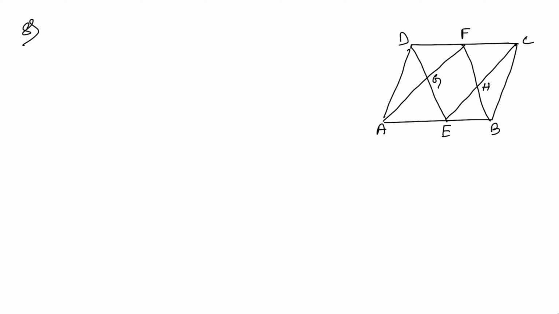Now sum number 8. In the adjoining figure, ABCD is a parallelogram. E and F are the midpoints of the sides AB and CD. Okay, so E and F are the midpoints. Good. The straight lines AF and BF meet the straight lines ED and EC at the points G and H respectively.